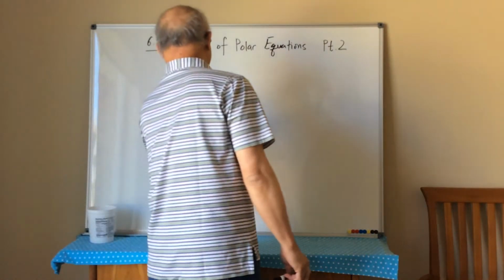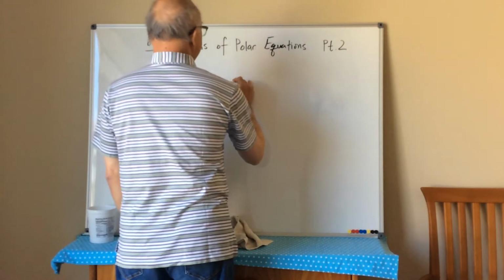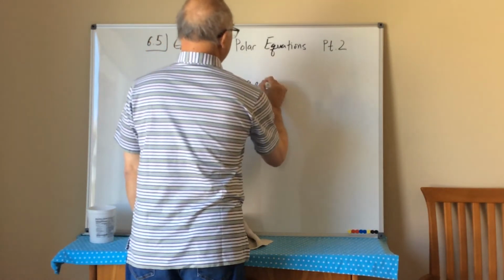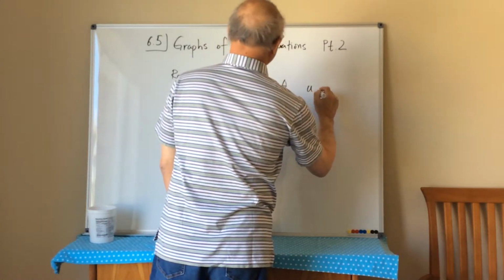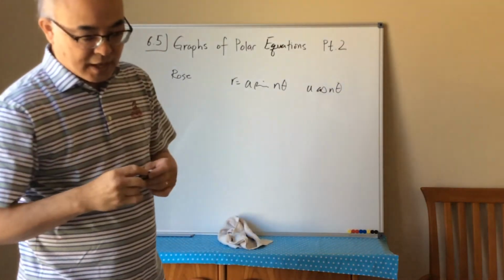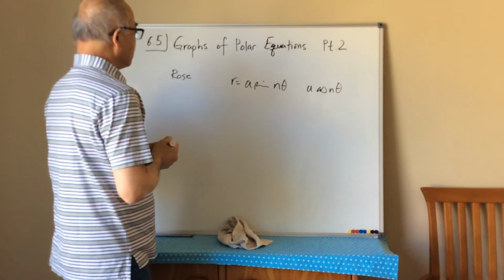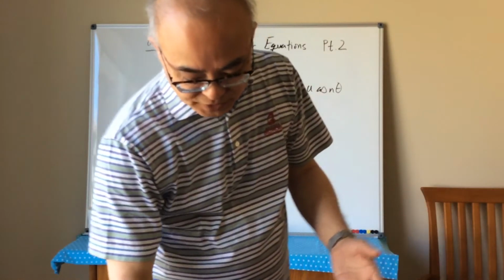In the rose petal graphs, they're in this form, sine n theta or cosine n theta. We looked at 4 cosine 3 theta.